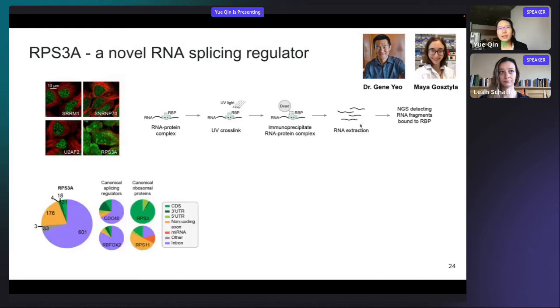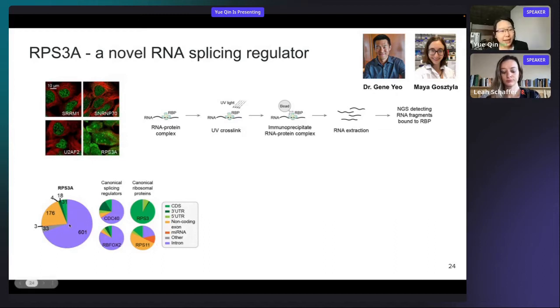This allows us to derive an eCLIP profile for the RNA binding protein, by characterizing which region of the RNA the binding peaks fall into, categorized into, for example, coding sequence, 3' and 5' UTR, microRNA, and intron.